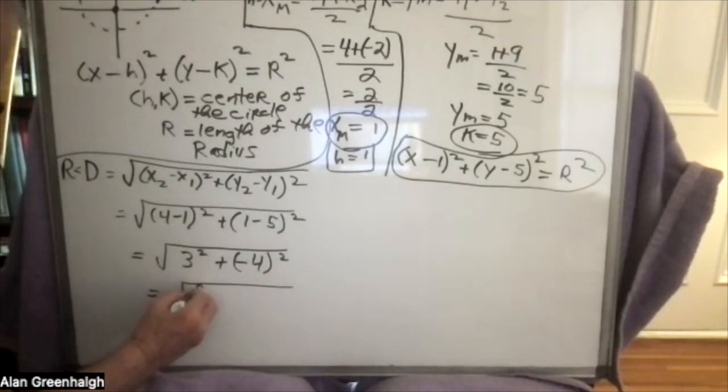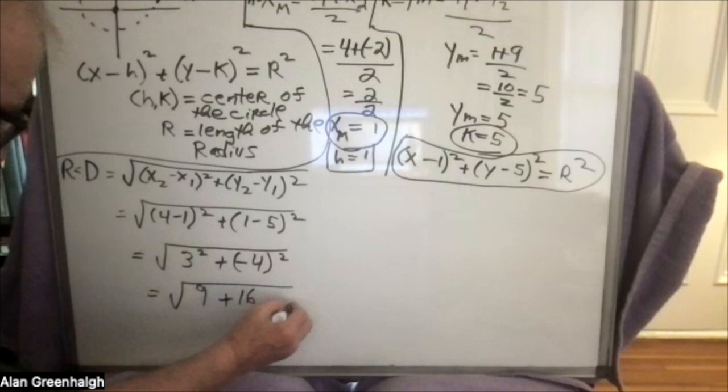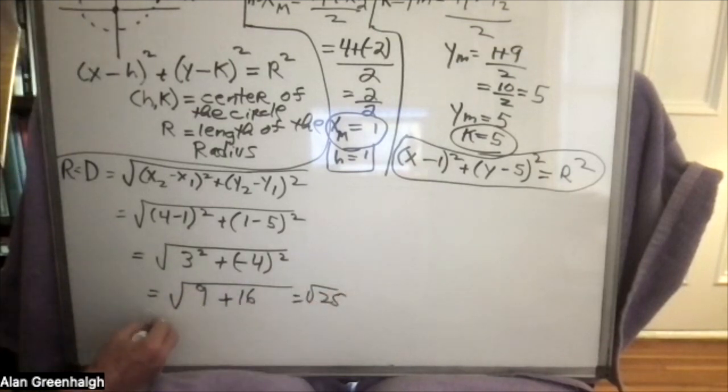Three squared is 9. -4 squared is 16. The square root of 25. That works out very nicely, right? Square root of 25 is 5.